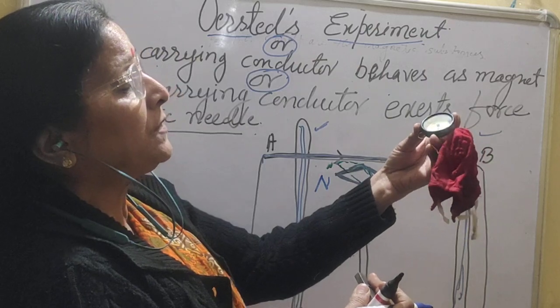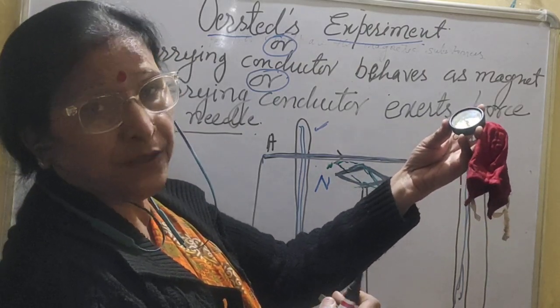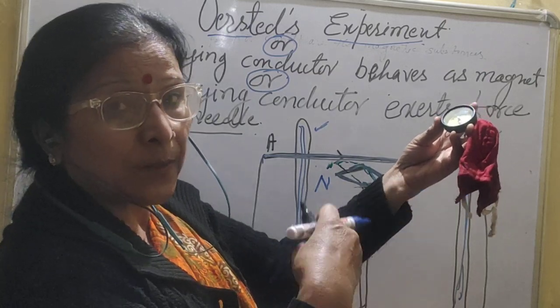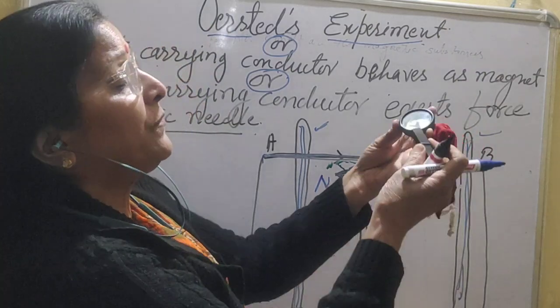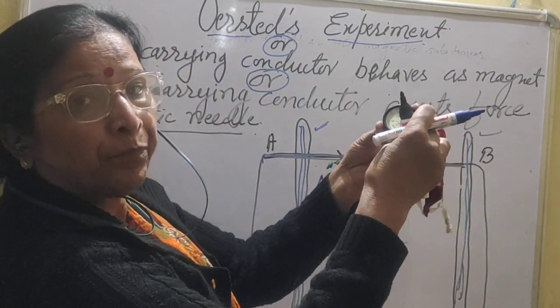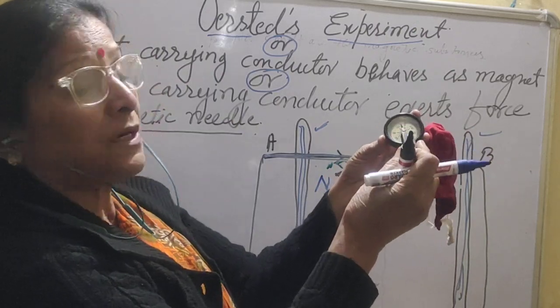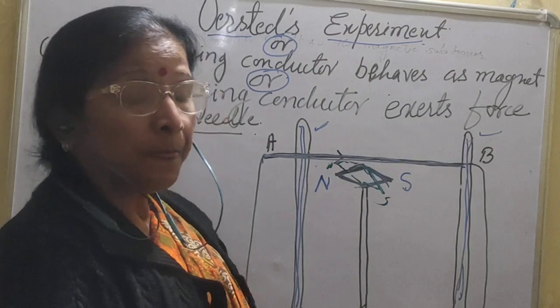Although we rotate it, we see that its direction doesn't change. Its one end will point towards the north and the other end towards the south. But when we bring a magnet near it, it will change its position. So the magnet exerts force on this magnetic needle to change its direction.